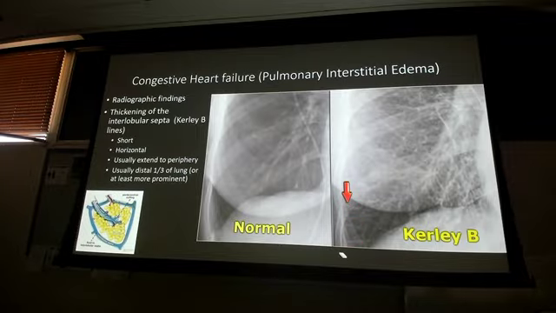Here's the deal. I've never seen a curly B line on an x-ray, but it's in the book. It's a part of congestive heart failure, so I gotta teach it to you, right? Because it is an abnormality, and if the PANCE gives you a question and tells you the patient has curly B lines on chest x-ray, you need to know what that means, because they'll do that kind of stuff to you, right? But on an x-ray, I'm not asking you guys to pick out curly B lines, right?